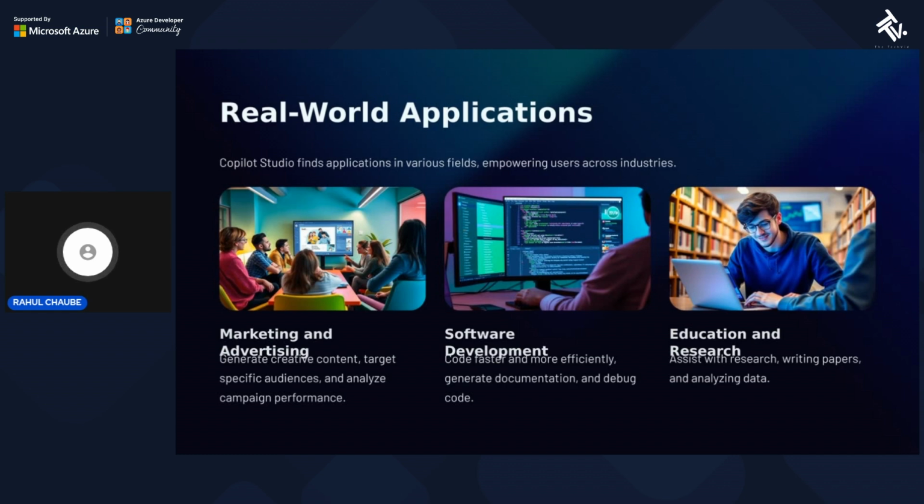So Copilot Studio provides content for education, or if you are working in a research program or want to do some research, you just give the topic to Copilot, and it will automatically generate content related to your research. Just like if you are doing research on AI, you simply ask Copilot.